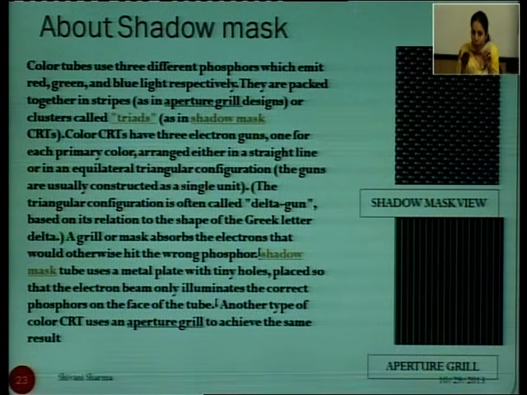The shadow mask tube uses a metal plate with tiny holes, placed so that the electron beam only illuminates the correct phosphorus on the face of the tube, and another type of color CRT uses an aperture grill to achieve the same result.